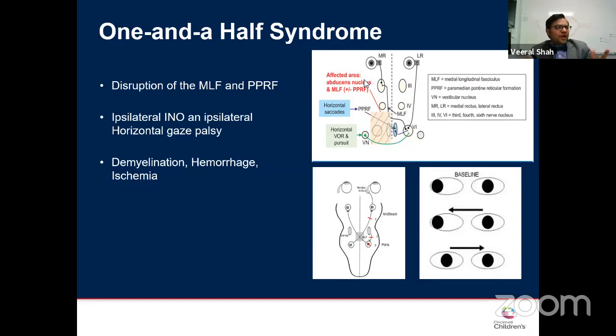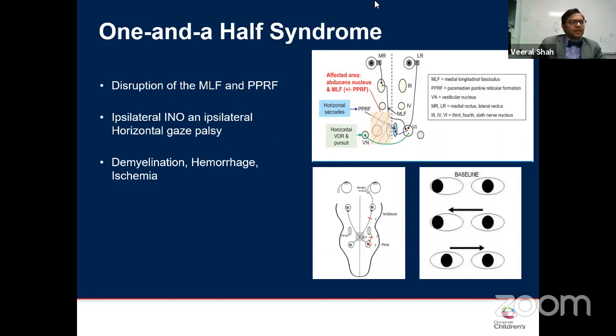I thought I would just describe the 1.5 syndrome, which is a disruption of the medial longitudinal fasciculus as well as the paramedian reticular formation.